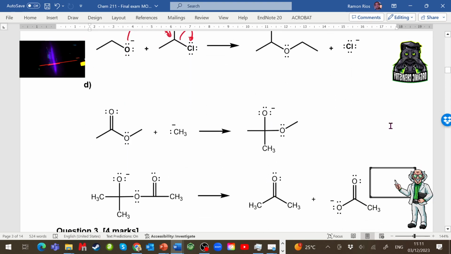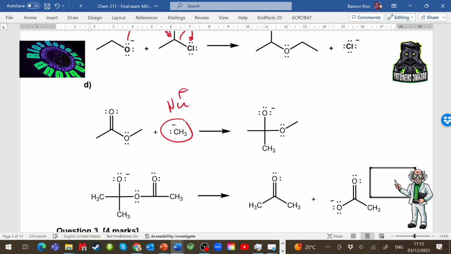In this case, what we have is the addition of a nucleophile. This is a nucleophile. And what is happening is that the pair of electrons is attacking the carbonyl group, and in order to avoid breaking the octet, this pair of electrons are going to the oxygen to generate the final compound.